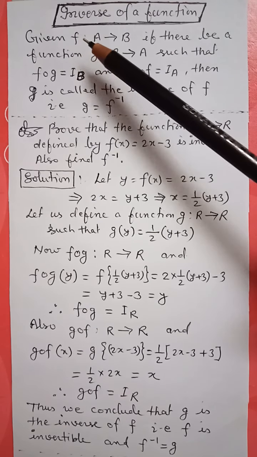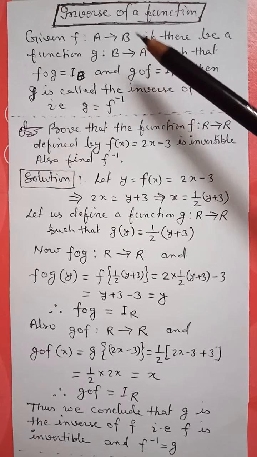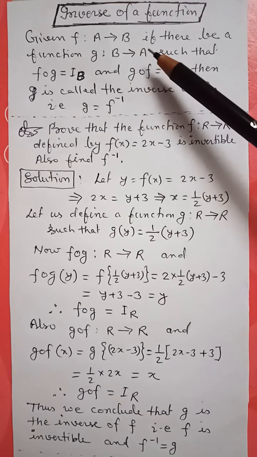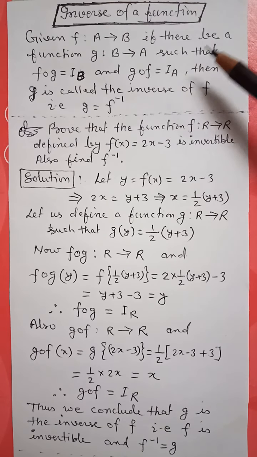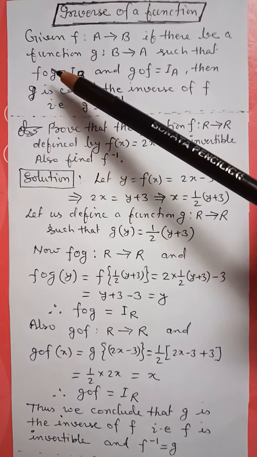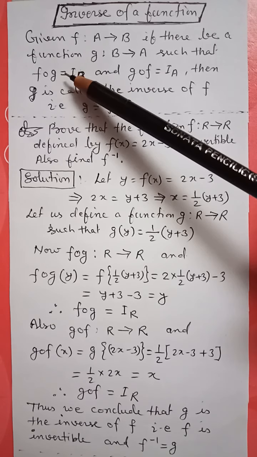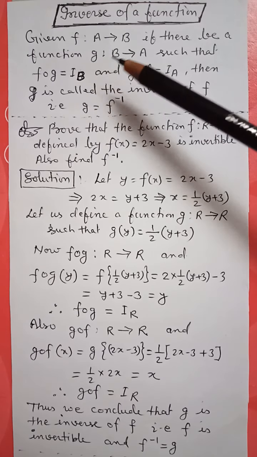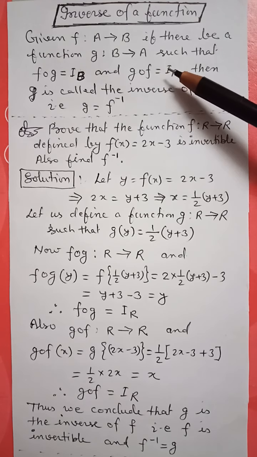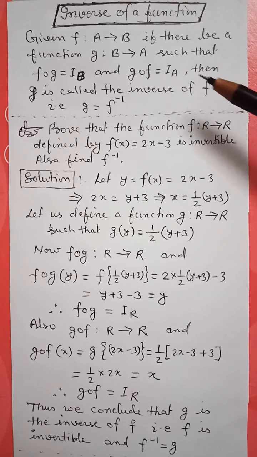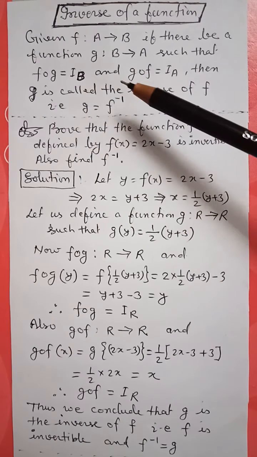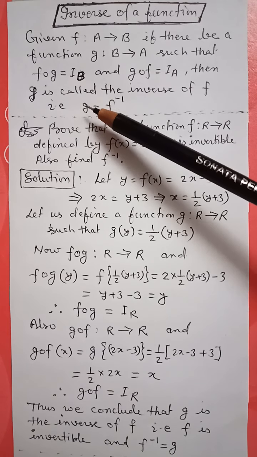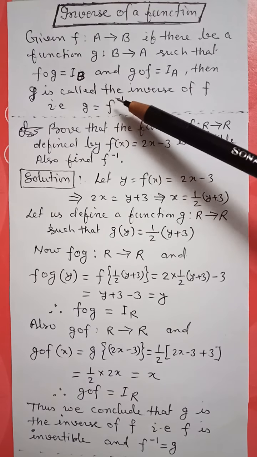Given a function f from A to B, if there be a function g from B to A such that f on g is equal to identity function on B and g on f is an identity function on A, then g is called the inverse of f and written as g is equal to f inverse.